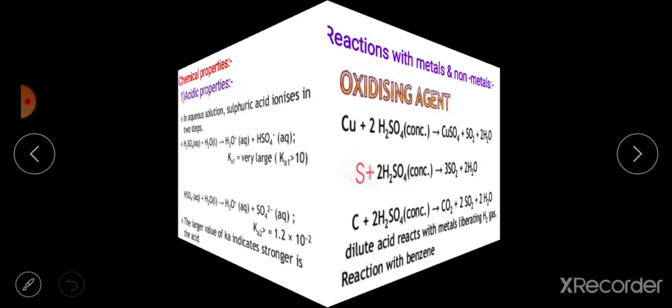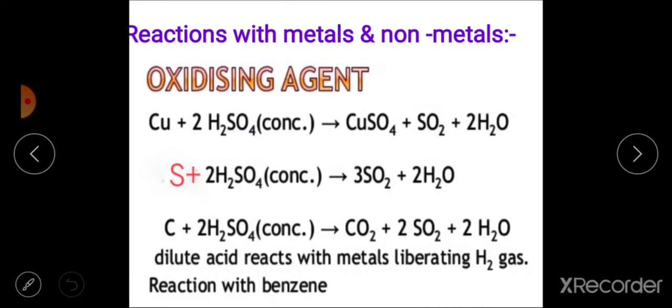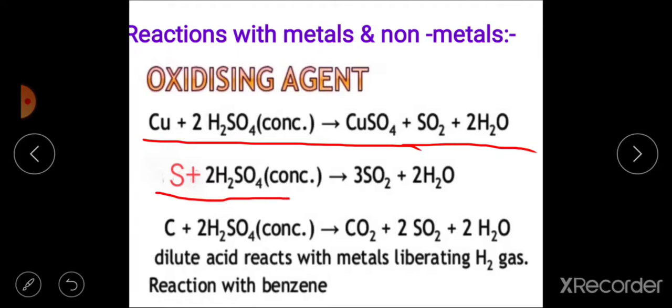Then next is reactions with metals and non-metals, that is the oxidizing properties. Here concentrated sulfuric acid reacts with a metal like copper to form copper sulfate plus sulfur dioxide plus water molecules. Then a non-metal like sulfur reacts with sulfuric acid to form sulfur dioxide and water molecules.